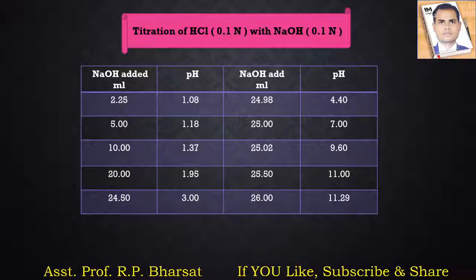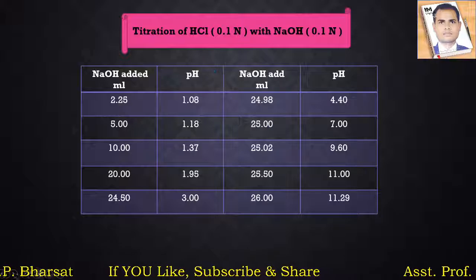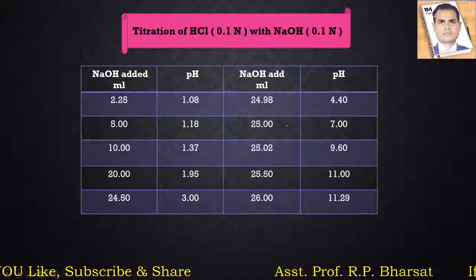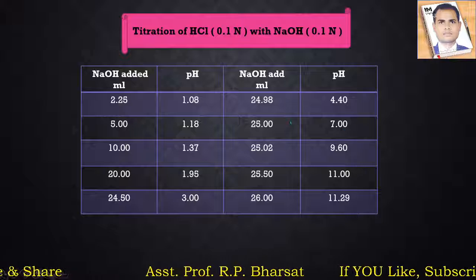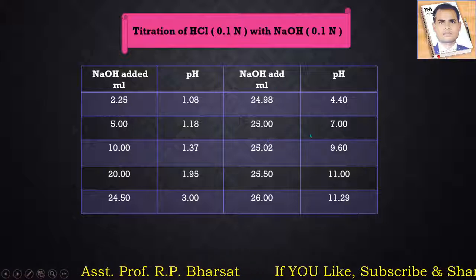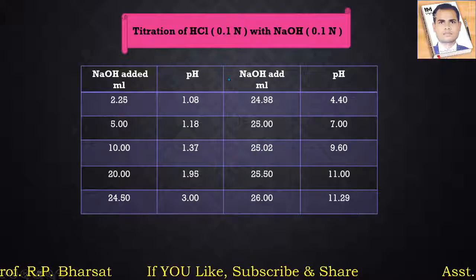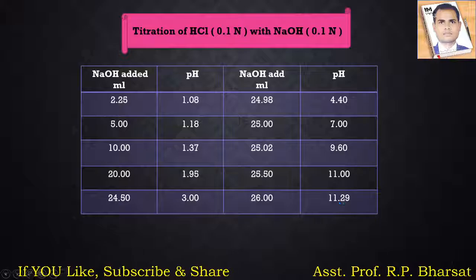When you are adding 25 ml of NaOH into 25 ml of HCl, the pH of the solution will be 7. That is the equivalence point of the titration. And when you are adding 26 ml of NaOH into the HCl, the pH of the whole solution will be 11.29.